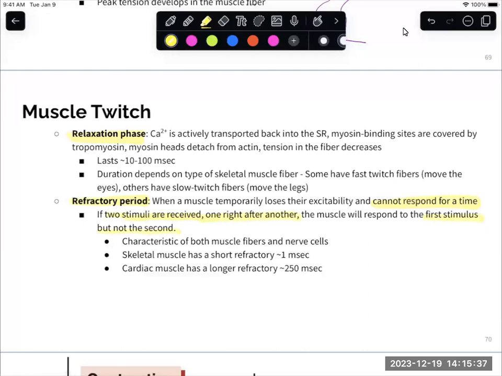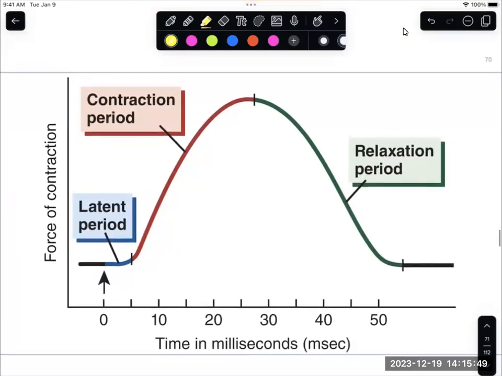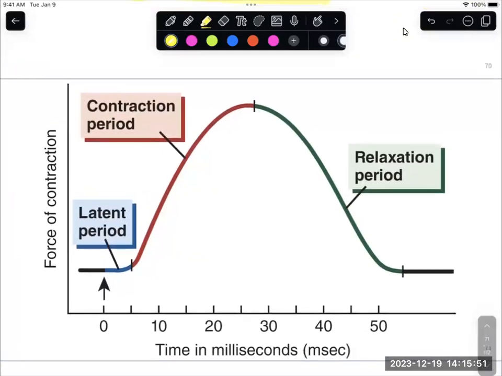The refractory period is different in different muscle types. Skeletal muscle is about 1 millisecond. Cardiac muscle has a very long refractory period of about 250 milliseconds. So it's all going to depend on what is happening. So we have that latent period, that contraction, that relaxation, and then that refractory period before the next one comes in.